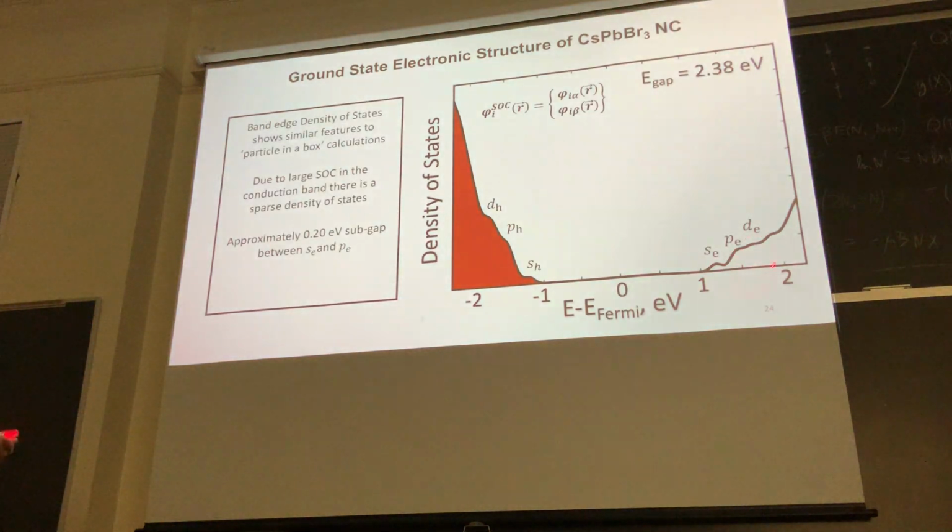All the conduction band states are lead 6P, and they have very high angular momentum, because spin-orbit effects are strongest with the P orbitals.